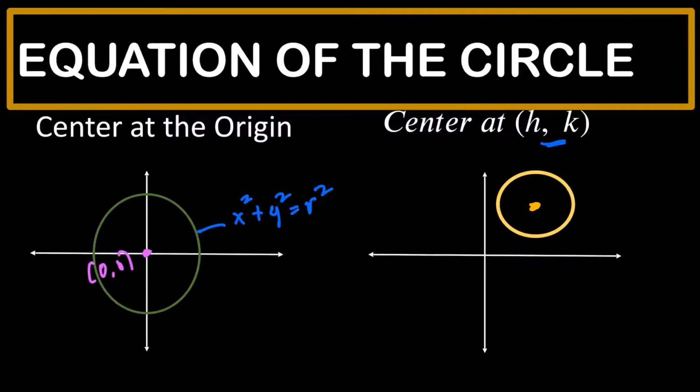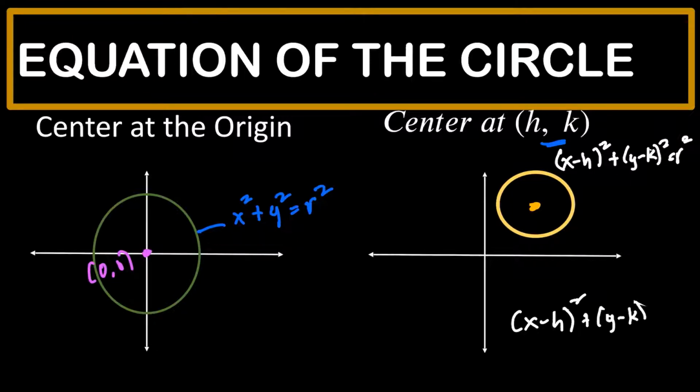So that's another standard form of the circle, and it's of the form x minus h squared plus y minus k squared equals r squared.